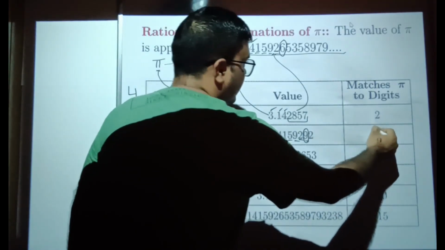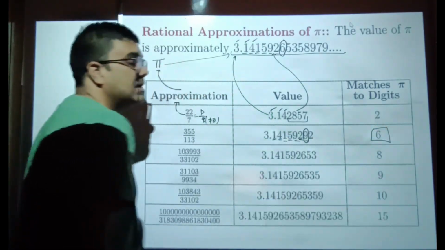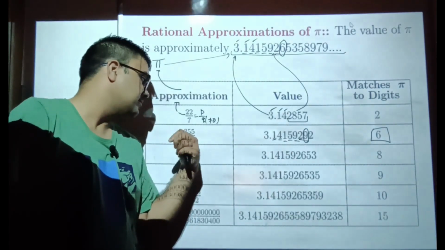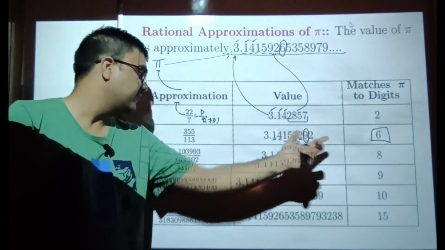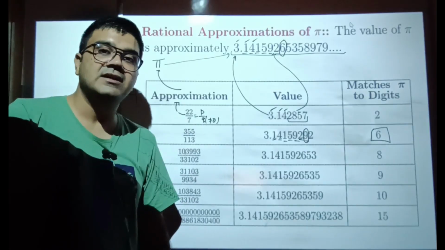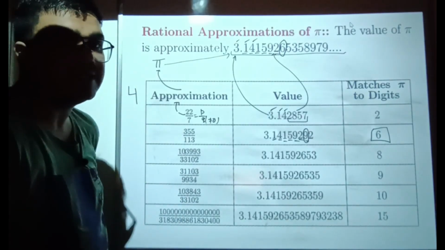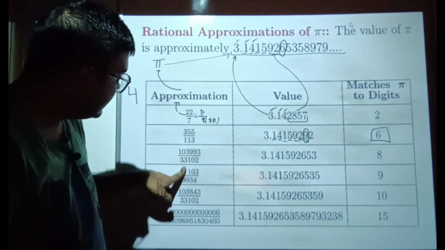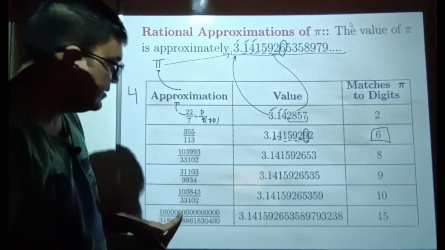So this value matches with the value of pi. The decimal representation of 355 by 113 matches with the exact value of pi up to 6 decimal places.